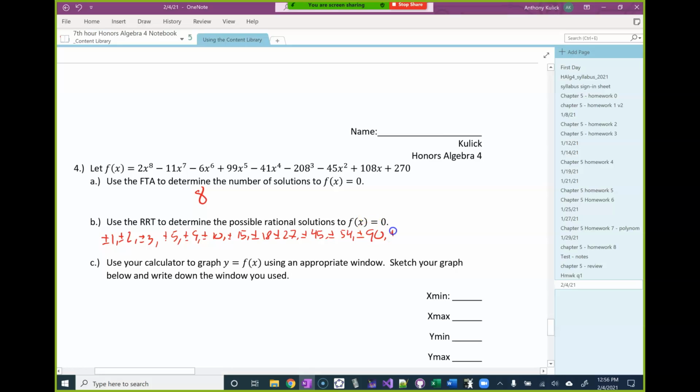I suppose that's also a decent double check to make sure that I had them all, right? 270 by 2 is 135, 90 divided by 2 is 45, 54 divided by 2 is 27, 18 divided by 2 is 9, 10 divided by 2 is 5, 2 divided by 2 is 1. I think maybe I do got them all. So that's that list. Are you okay there?